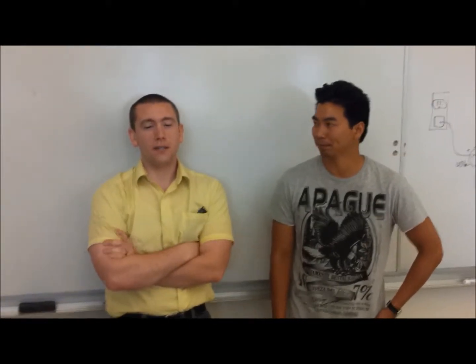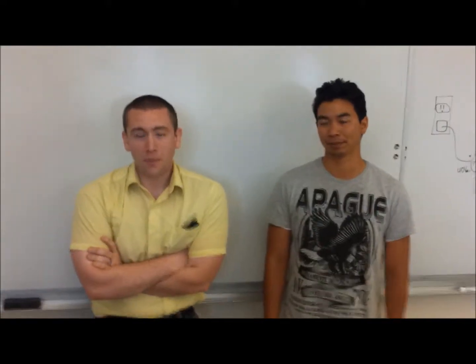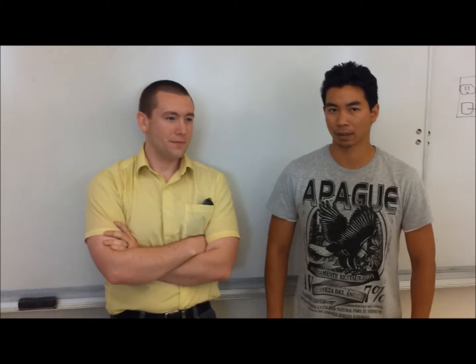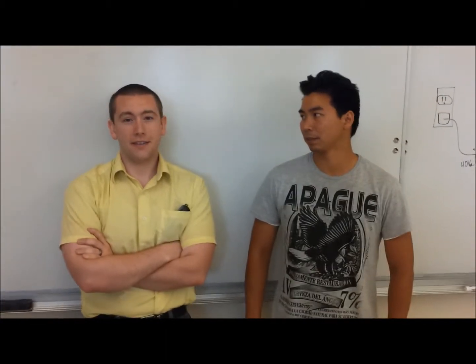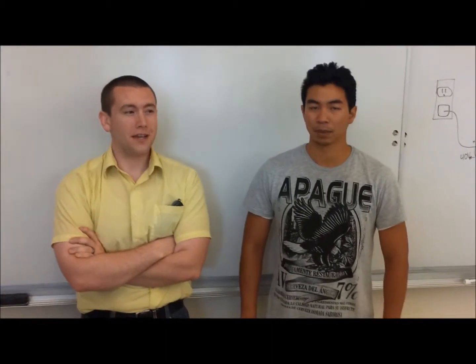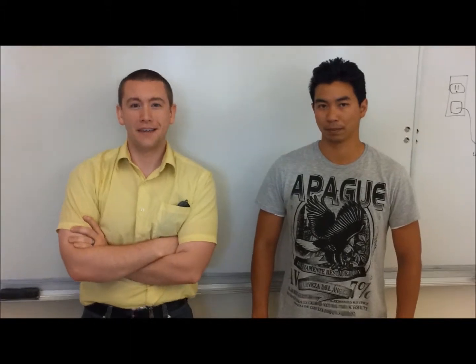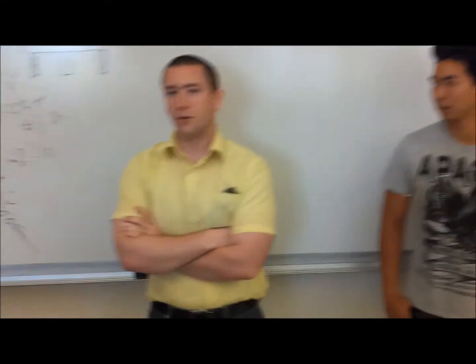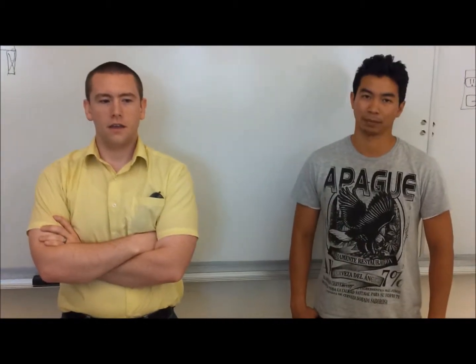We want to demonstrate to you what we did for our ECEN 390 Electricity and Magnetism class. We were given the task of demonstrating some electrical or magnetic principle, and so we chose one of Maxwell's equations, which we have over here.